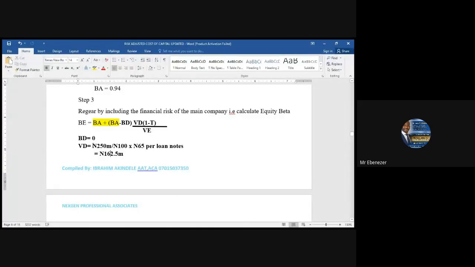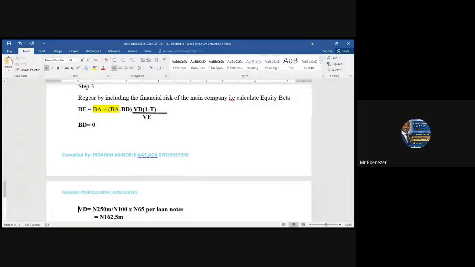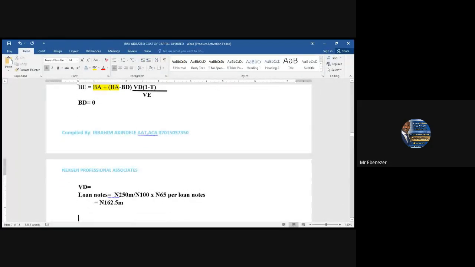Let me arrange it this way. Loan notes equals this, then bank loan.